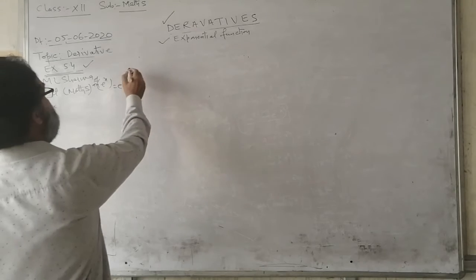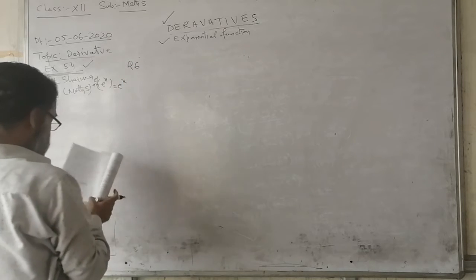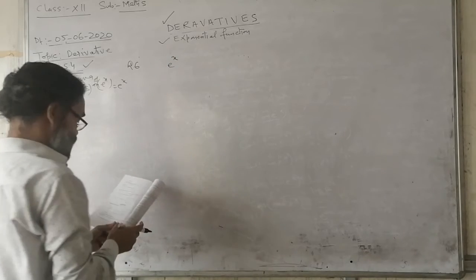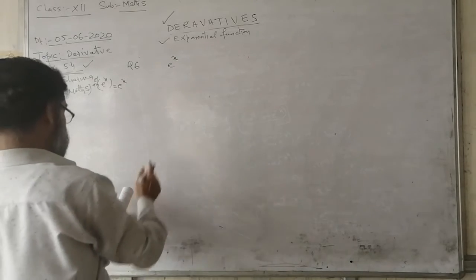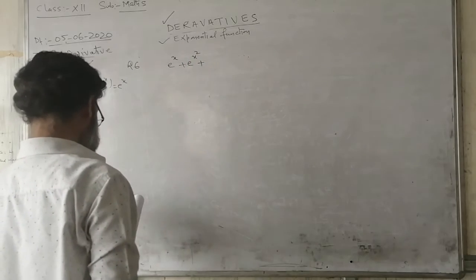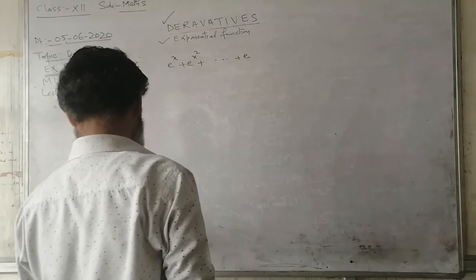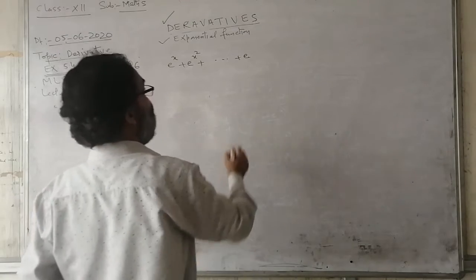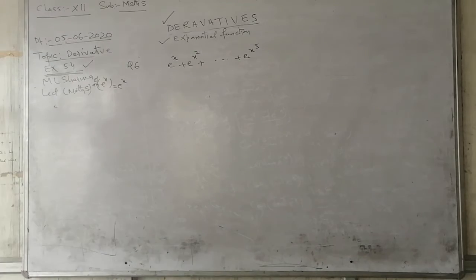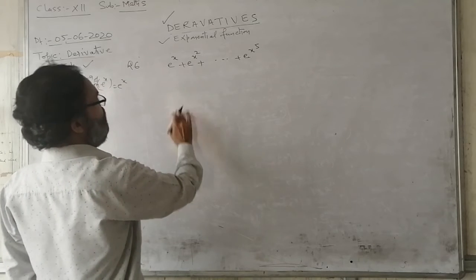The sixth question says, find derivative of e raised to power x, e raised to power x square plus so on, and this is up to e raised to power x to the power 5. So this is an exponential function. So I have to find its derivative.